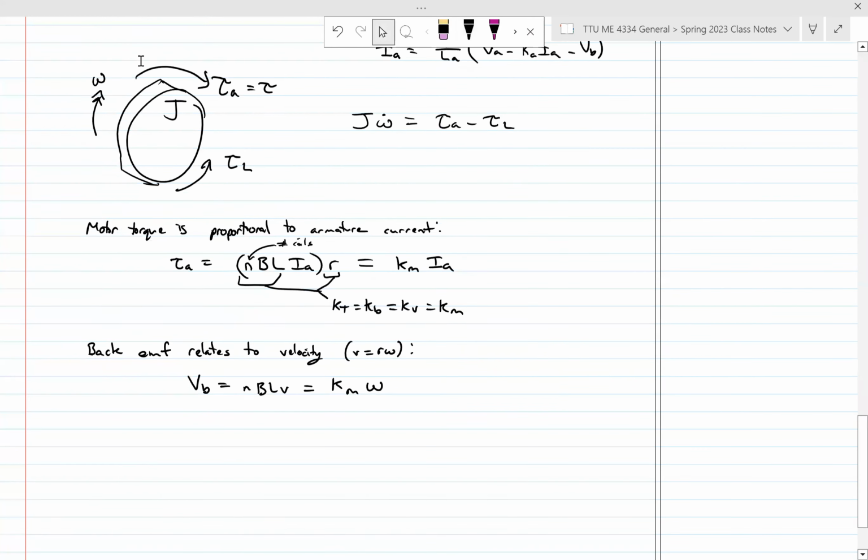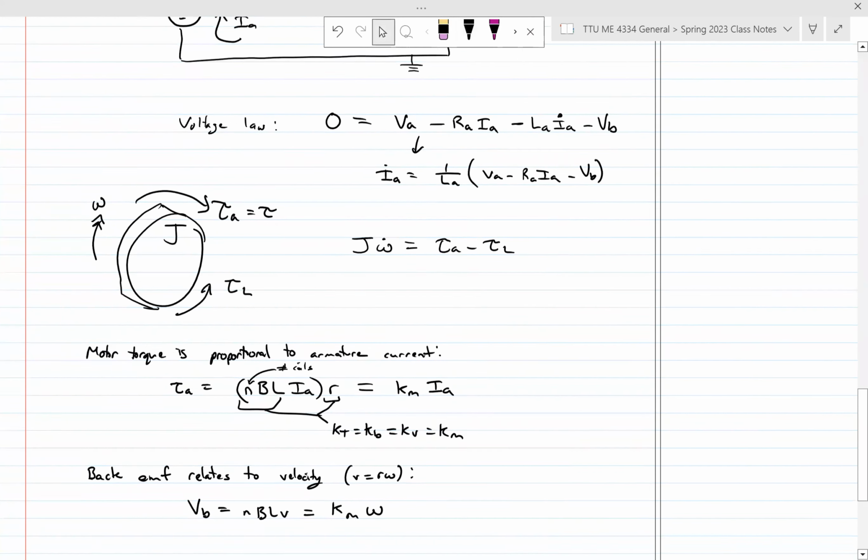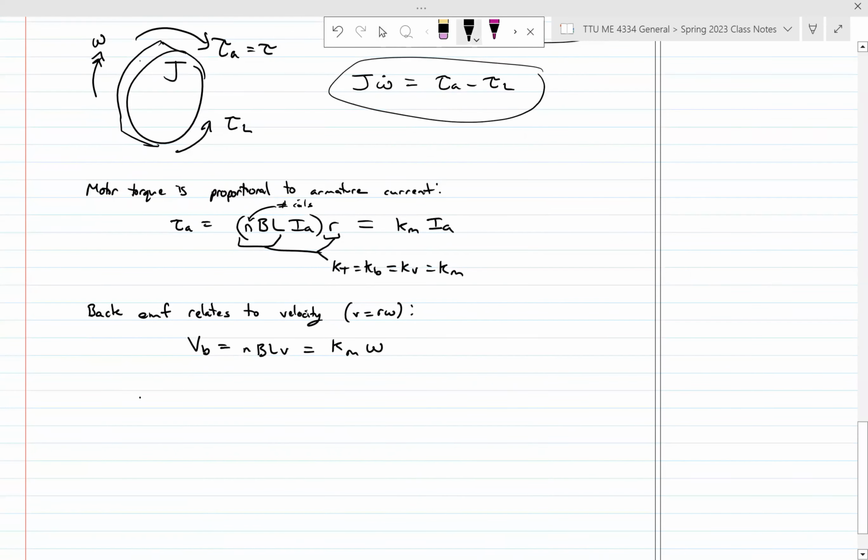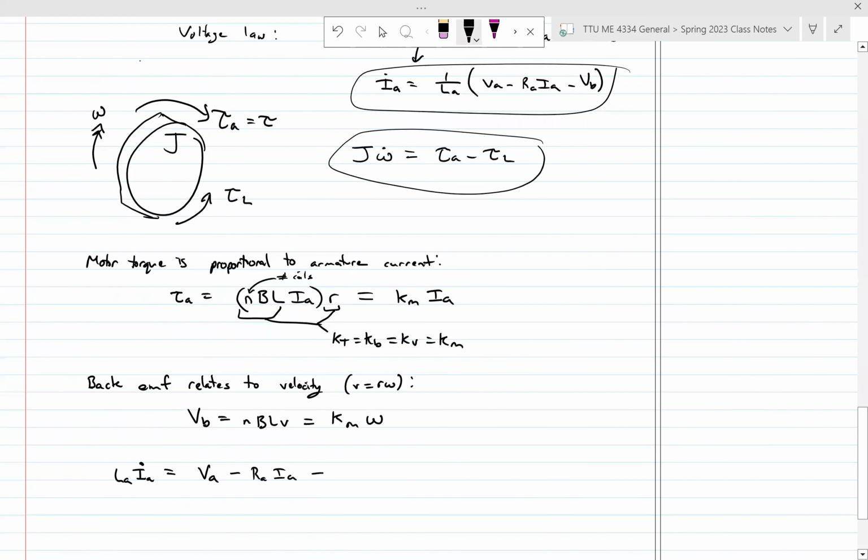All right. Now, the key with the motor here is that we have our two equations, this guy and this guy, but we need to plug in these other terms here. So LA times IA dot was equal to VA minus RA IA, minus VB, but VB is Km omega, right?